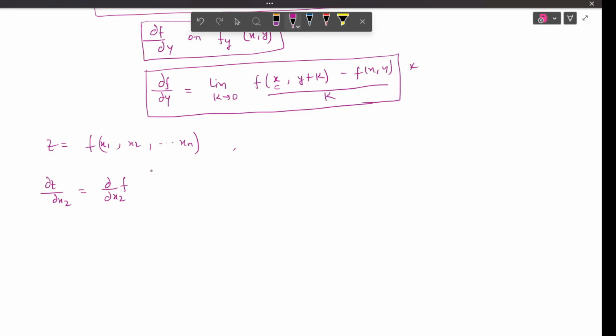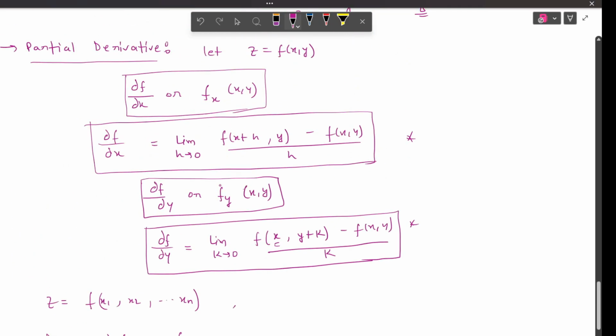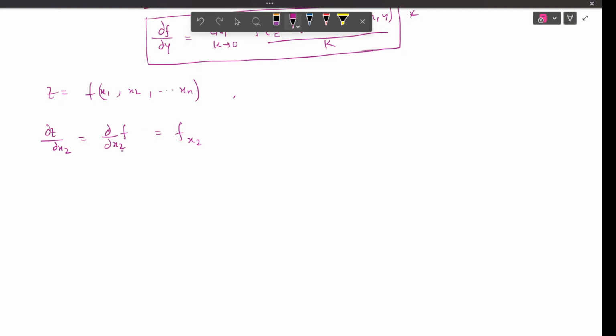This z is the function f, right? So we are differentiating it with respect to x2. So here is the notation. Here we are differentiating with respect to x, so fx. Here we are differentiating with respect to y, so it is fy. Here, let us say we are differentiating with respect to x2, so f of x2 of x1, x2, xn.